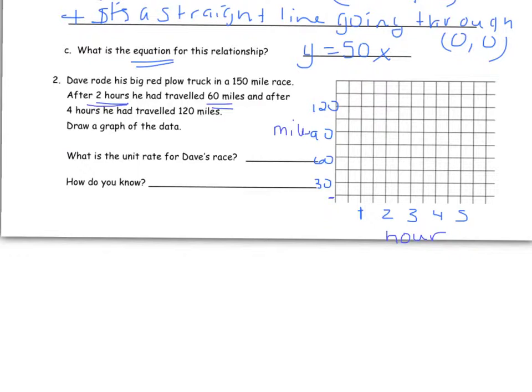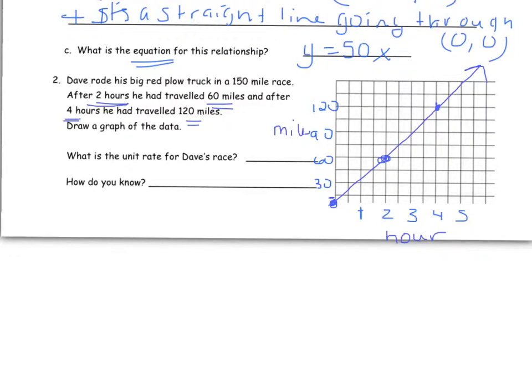So I have 2 hours, 60 miles. We know at 0 hours he is at 0 miles. And then at 4 hours, he's at 120. So 4 hours, 120. So there is my graph. Again, yours might look a little different depending on how you numbered the axes.